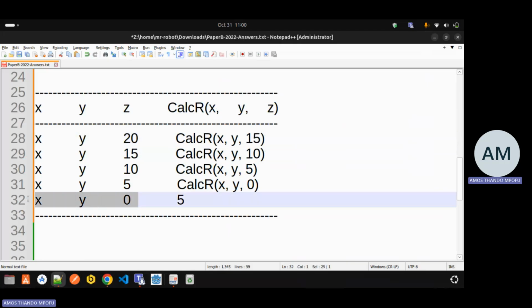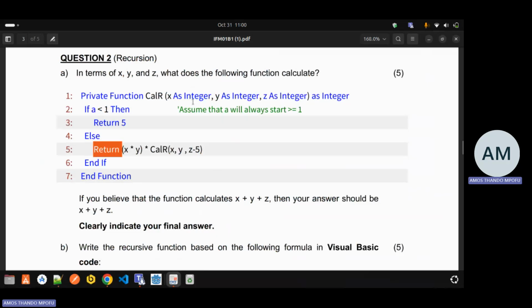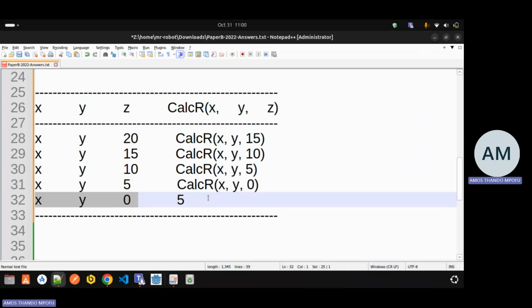So when this function is called with these parameters, X is X, Y is Y, Z is 0. Remember it starts here. Is Z less than 1? Yes, it is. So therefore return 5. Don't return this formula. So that's why I returned 5.